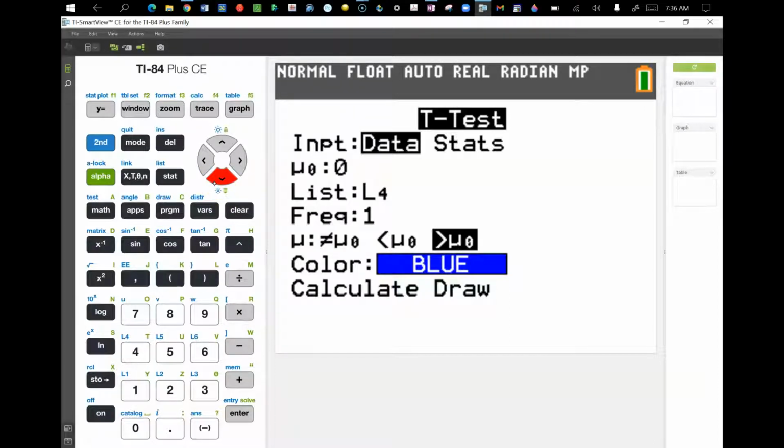We did placebo minus caffeine, which we were suggesting in our alternative hypothesis that depression ratings were higher in people that used placebo versus caffeine. So we are saying that our alternative is that the mean difference is greater than 0. If you had done caffeine minus placebo, you would have reversed that and said less than 0. So we're going to go ahead and calculate this.